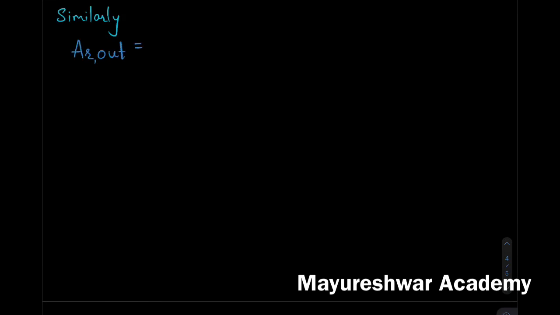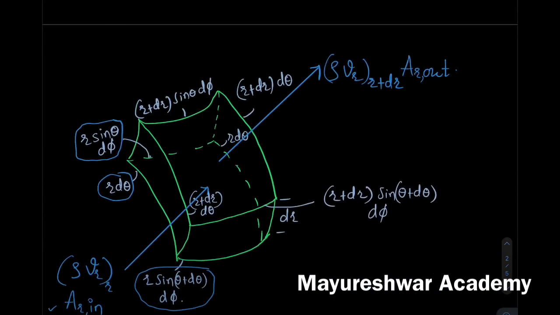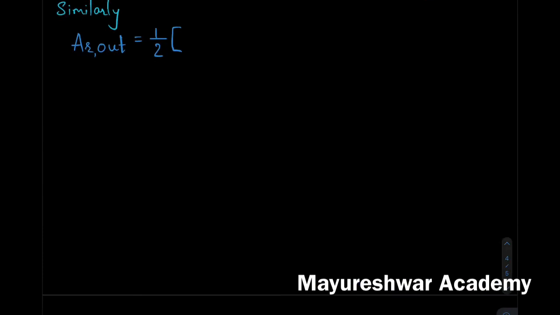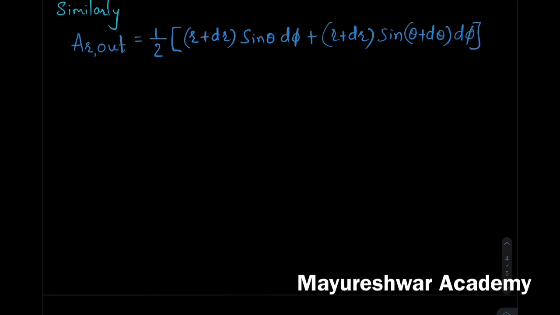So the average of two lengths, which are this r plus dr sine theta d phi and r plus dr sine of theta plus d theta, and on the top we have r plus dr times d theta. So r plus dr sine theta d phi plus r plus dr times sine of theta plus d theta times d phi, and multiplied by r plus dr, which is the radial distance, times d theta.